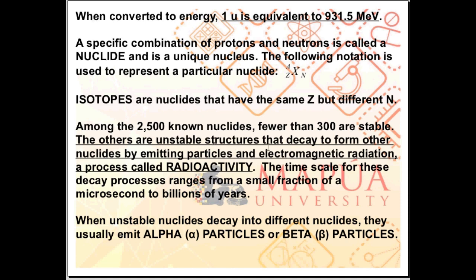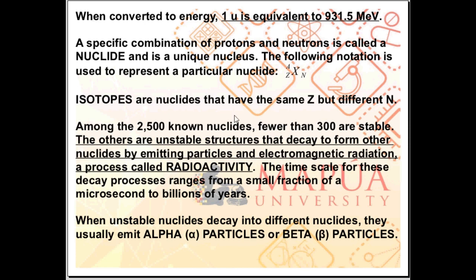Unstable structures decay to form other nuclides by emitting particles and electromagnetic radiation. This process is referred to as radioactivity. The time scale for these decay processes to happen ranges from a small fraction of a microsecond to billions of years.